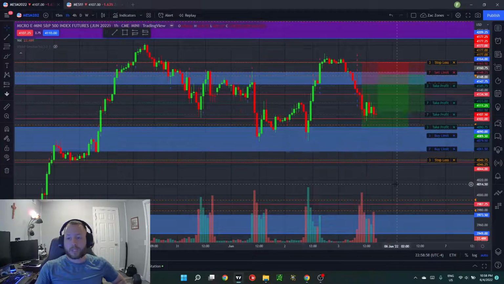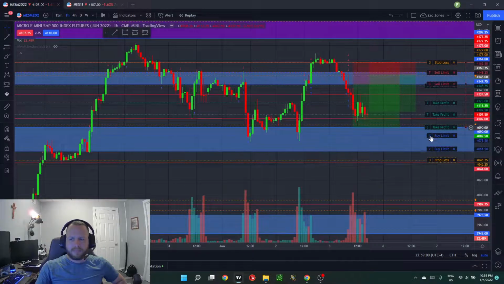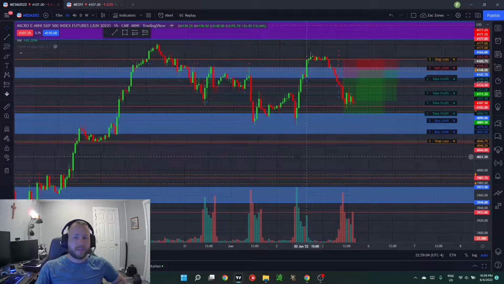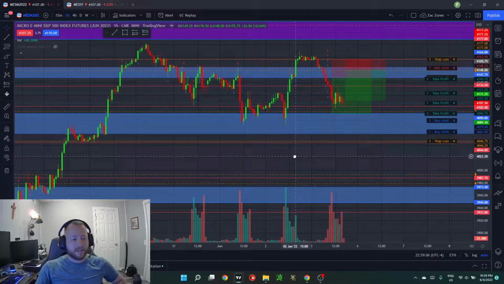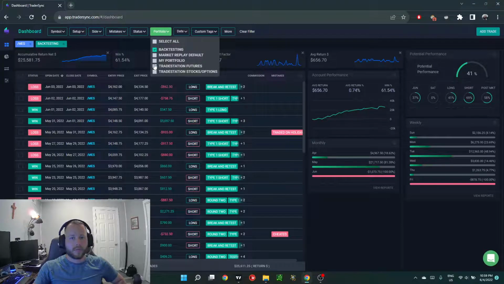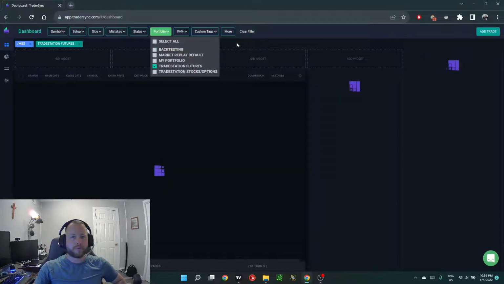Just trust the system, trust that it's going to play out the way that it needs to play out, trust the math behind it, and I'm going to be continuously running the backtest along with my real trading because I can flip between the two portfolios super fast.